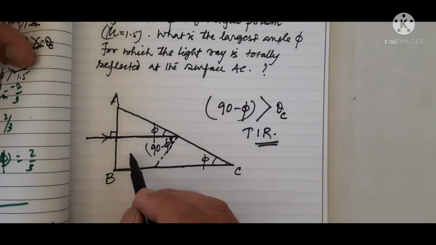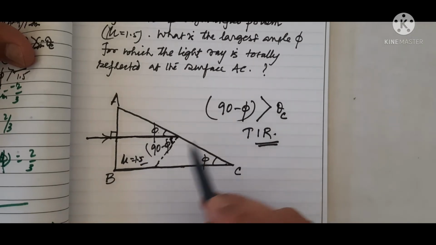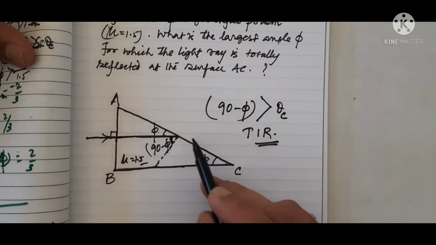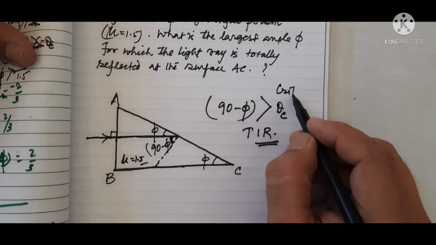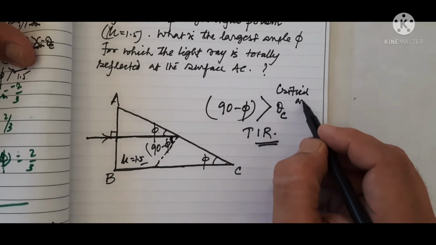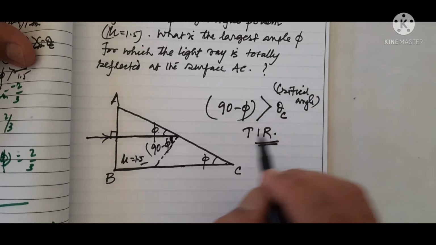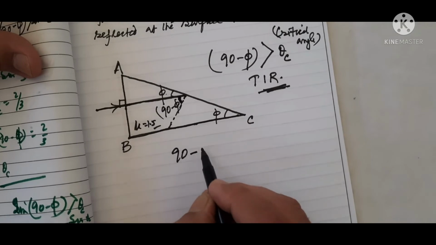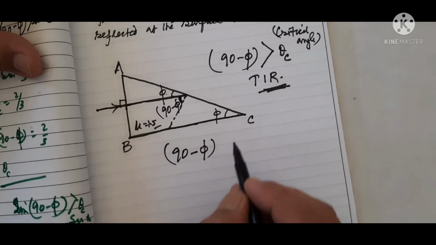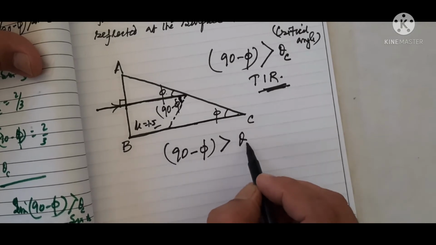Here it is given mu is 1.5. So I am writing it like that: 90 minus phi should be greater than theta C.